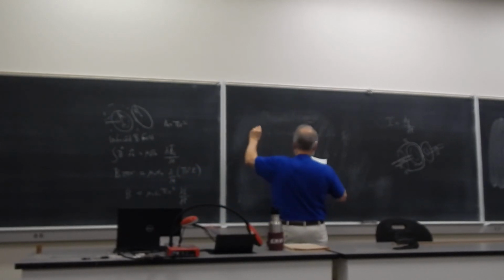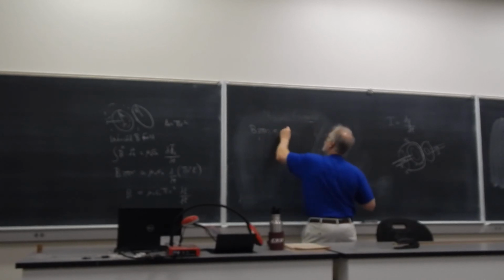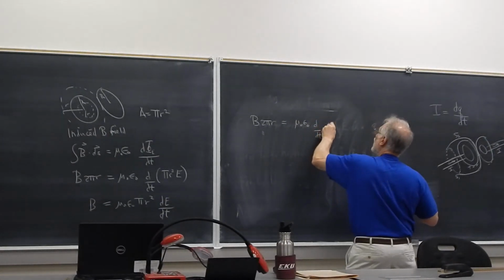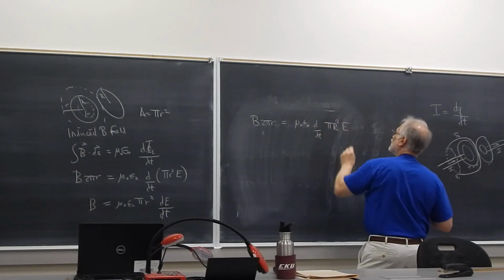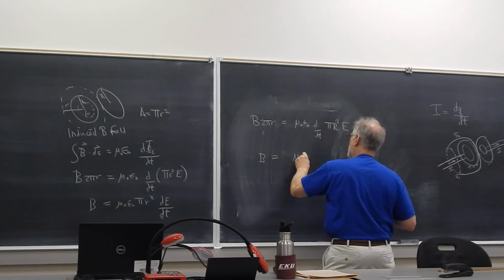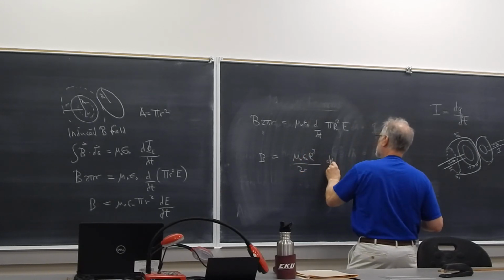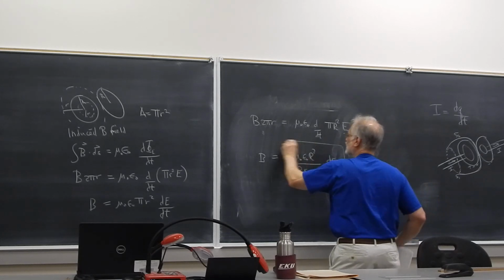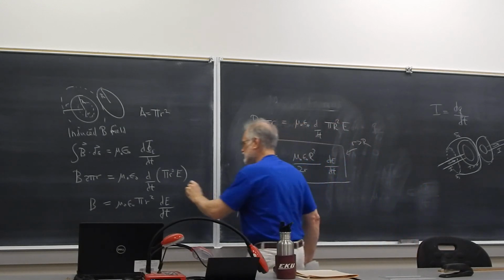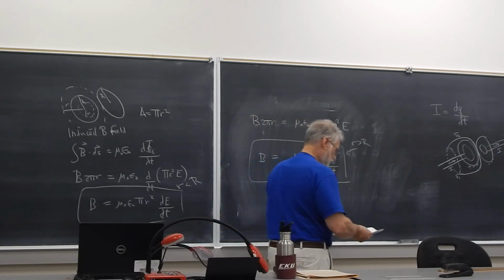That being the case, B times 2 pi r is going to be equal to mu naught epsilon naught times the time derivative of the electric flux, which is pi big R squared times E, which means I can put that all together and I get mu naught epsilon naught capital R squared over 2 little r dE/dt. So my induced magnetic field, this is for r greater than R, and this is for r less than R inside.